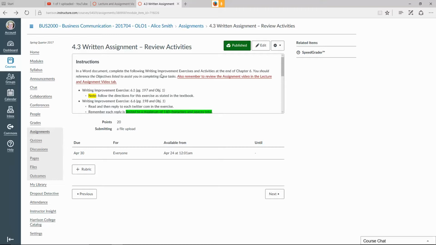And so what you're directed to here in the instructions is to follow the directions for this exercise as stated in your textbook, because sometimes it's a little bit different.